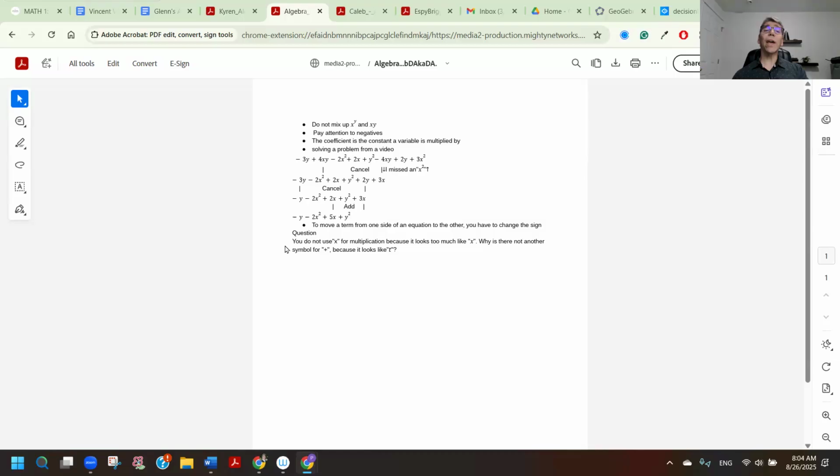All right. The question that I have here is: you do not use x for multiplication because it looks too much like the variable x. Why is there not another symbol for the plus sign, because it looks like a t? Well, they look similar, but they are different enough that mathematicians have basically decided we'll keep the add sign and keep the t.